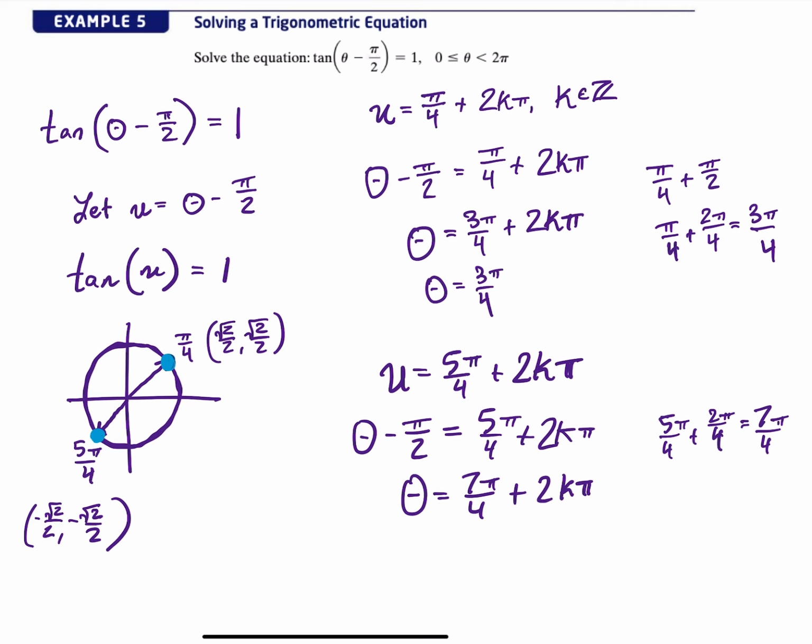So our first solution is the 7 pi over 4, if we imagine k is equal to 0. And then if we add 2 pi to that, when k equals 1, we'll be beyond our upper bound. So just like last time, we'll just take that first value.